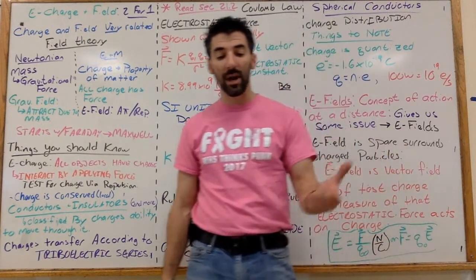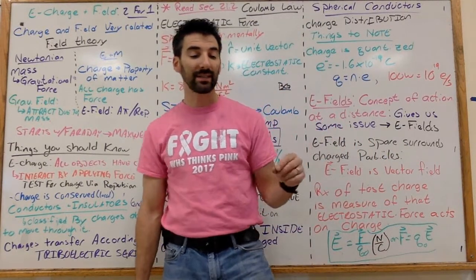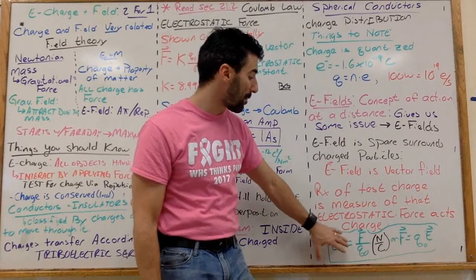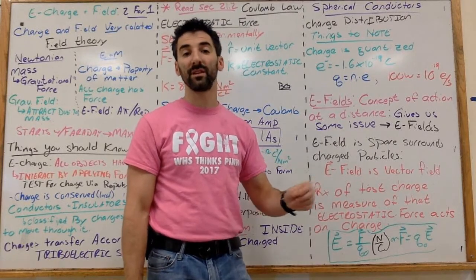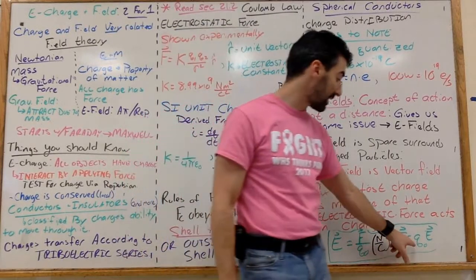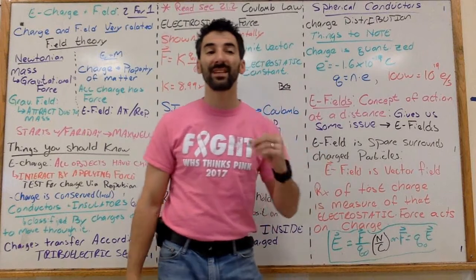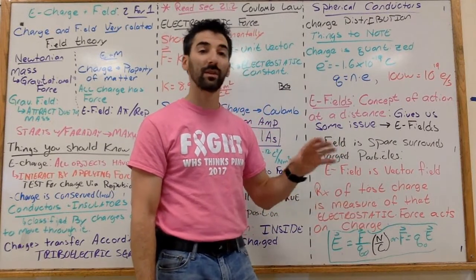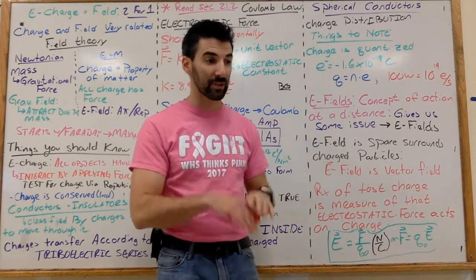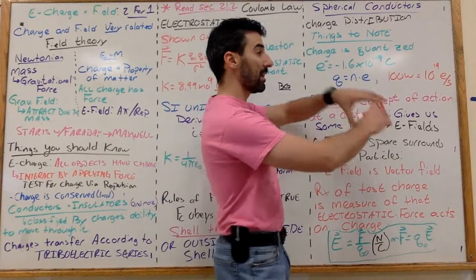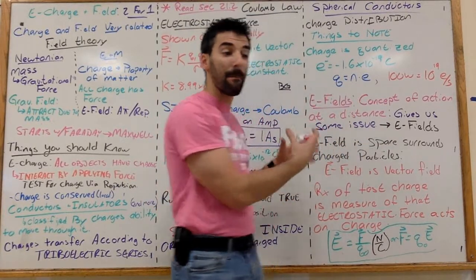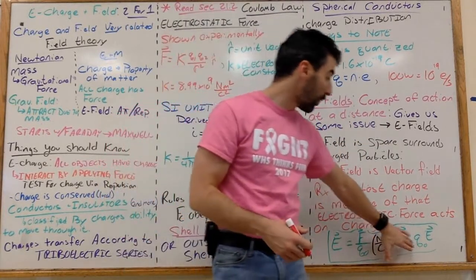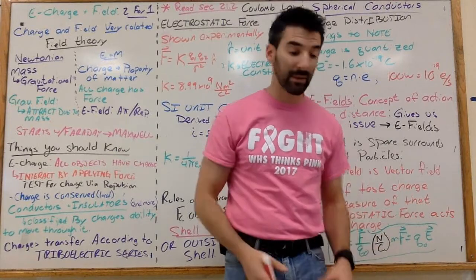One thing we need to know, however, is that even though I am measuring the electric field with that charge, with this Q, the electric field exists independently of that charge. So that's something that's very, very important. The electric field exists based on the arrangement of something else. I'm measuring that electric field with that charge.